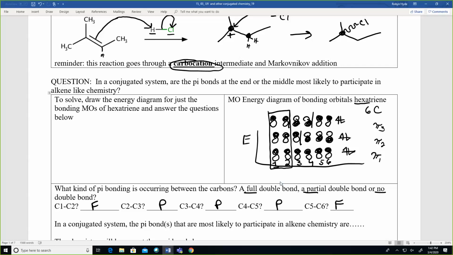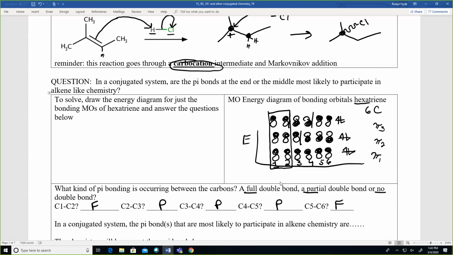Okay, so thoughts? Which pi bonds are going to be the most reactive for alkene chemistry in a conjugated system? The end bonds or the middle bonds? Yep, the ends. The ends, because they have full double bond character, they are the most nucleophilic. I have the most localization of electrons at the end, and through the middle, I have all of this various sharing going on.